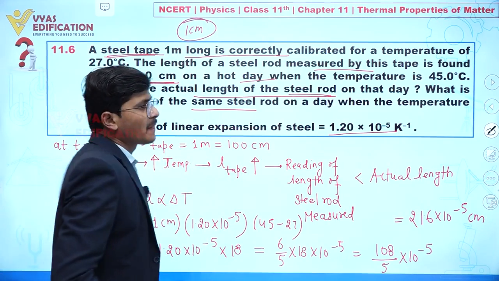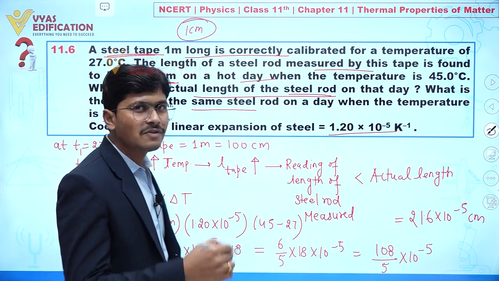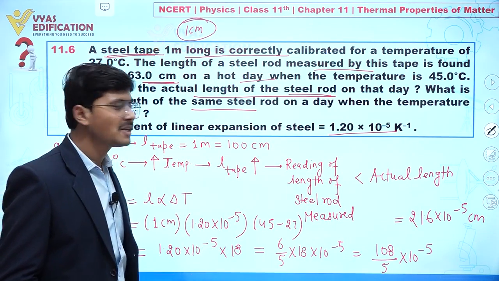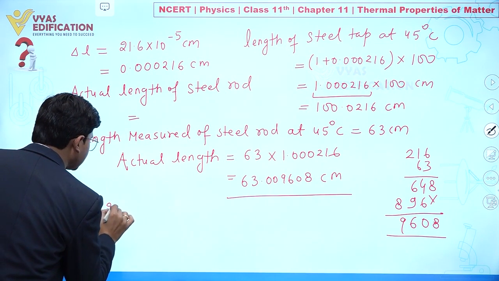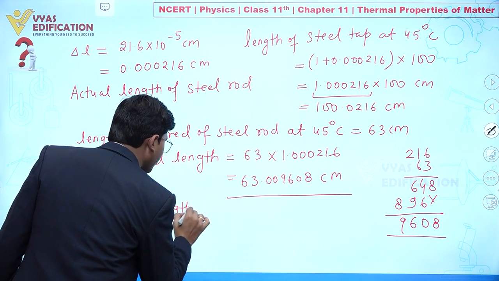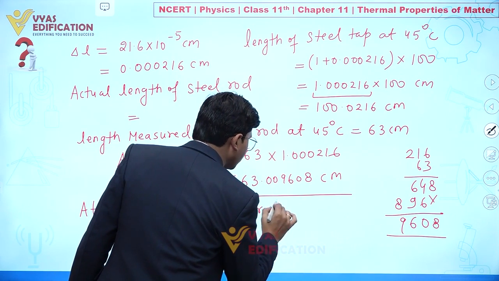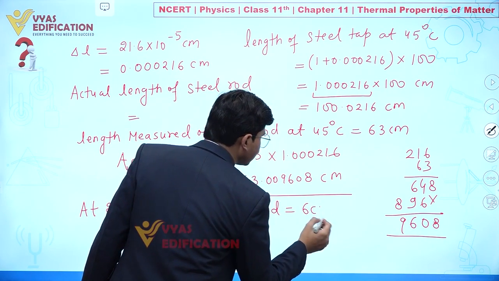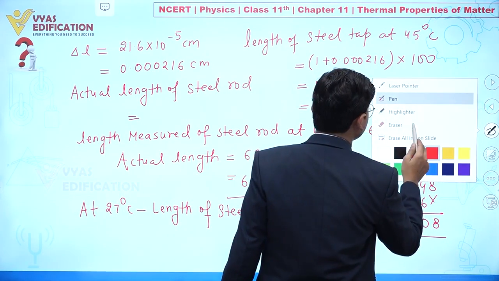So if you are measuring 63 centimeter length, then it will be exactly 63 centimeter. Yes. So from here we can say at 27 degrees Celsius, length of steel rod is equal to 63 centimeter.